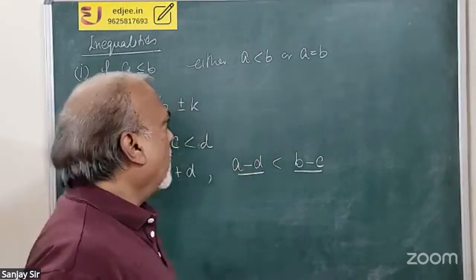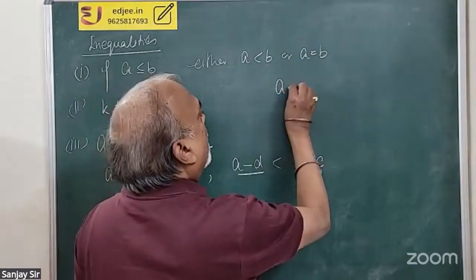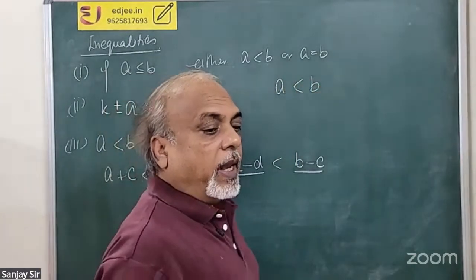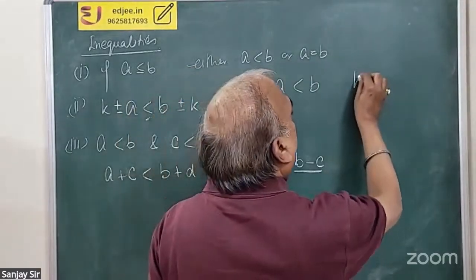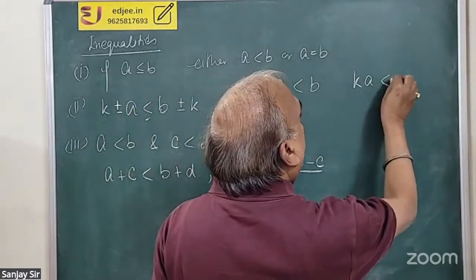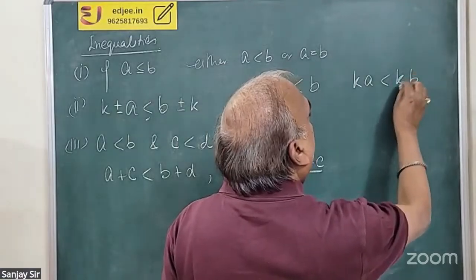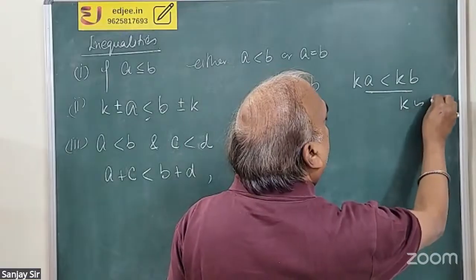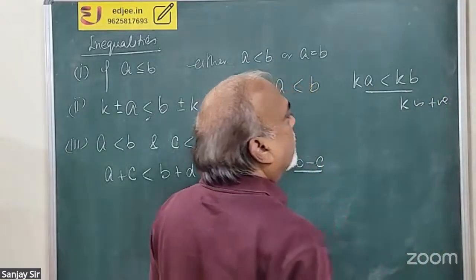Now, suppose you have A less than B. If you multiply by K, this will hold good if K is positive.